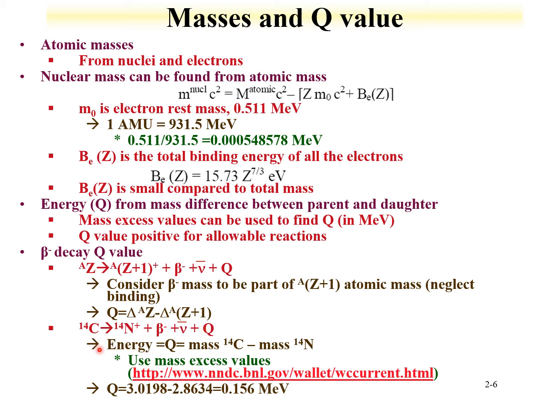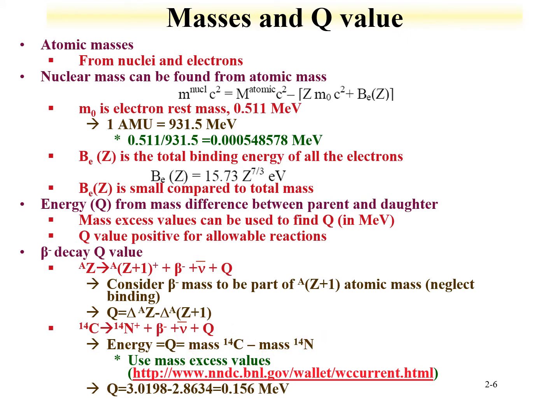As an example, let's calculate the Q value for the beta decay of carbon-14. Carbon-14 decays to nitrogen-14 and a beta particle plus an antineutrino plus Q. Rearrange the equation and solve for Q. So Q is equal to the carbon-14 mass excess minus the nitrogen-14 mass excess.